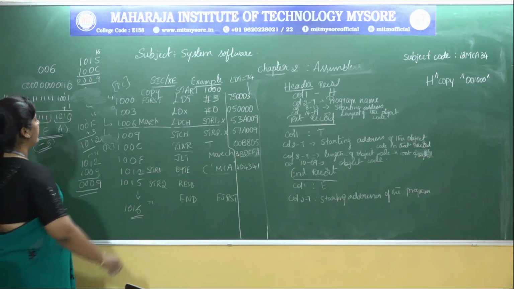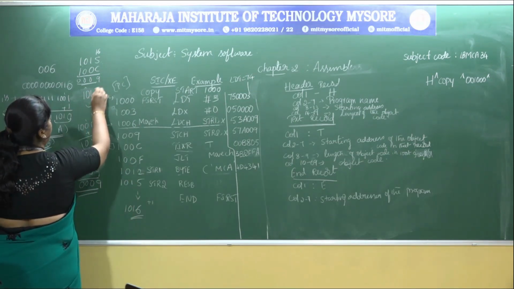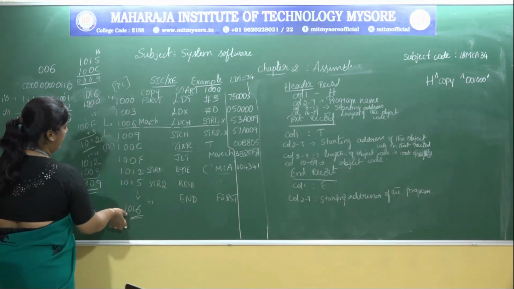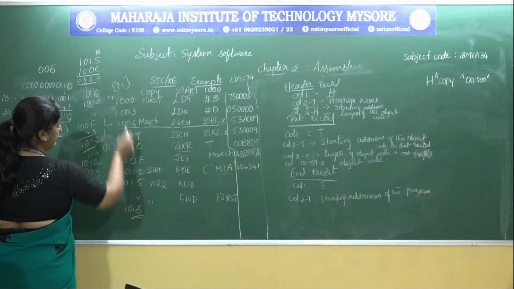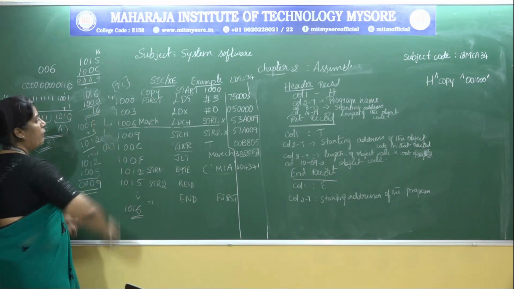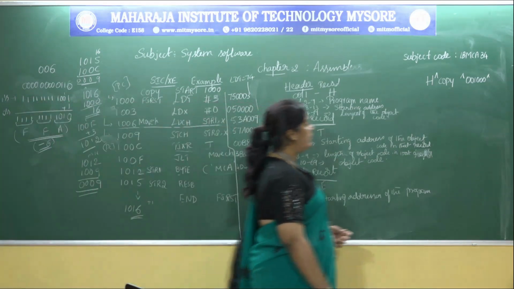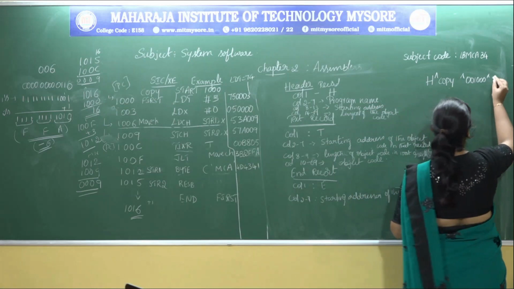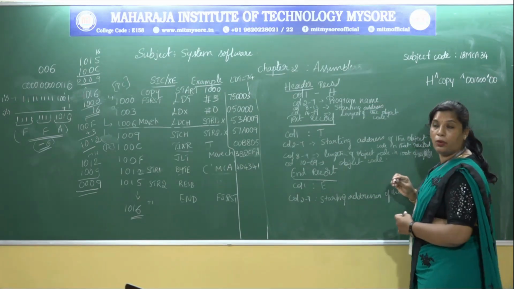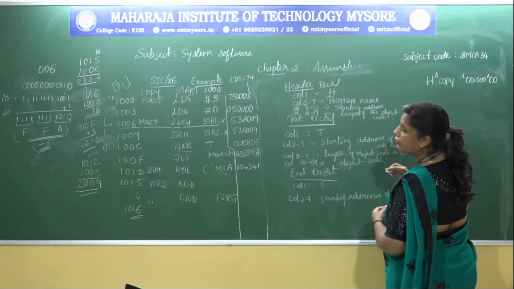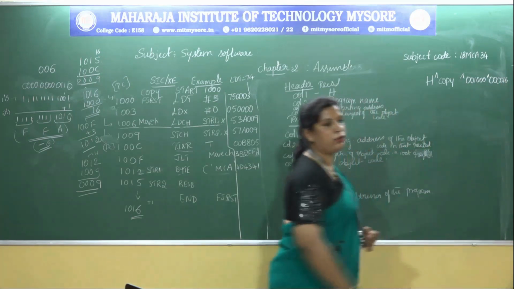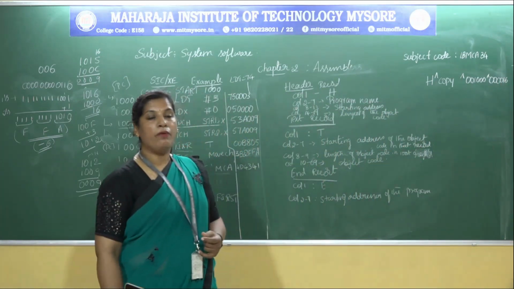So the length is the ending address minus the starting address: 1016 minus 1000, which is 16. Columns 14 to 19 are 6 characters, so the length is 000016, that is 0016 as the length of the file.